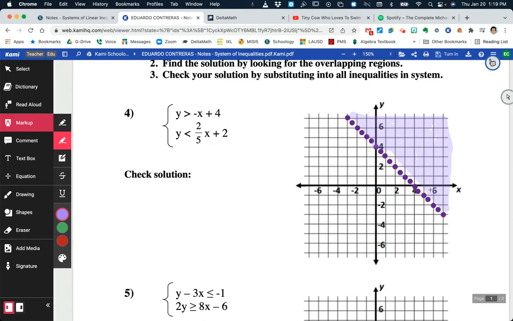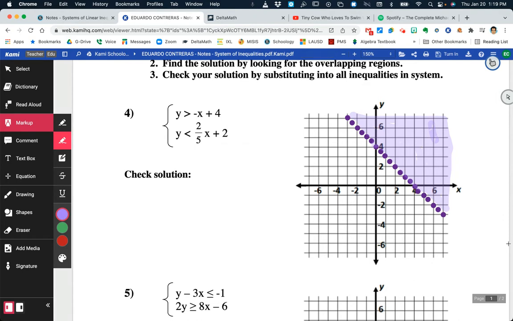This is almost like coloring for fun. So there is our dotted line and shading greater than.